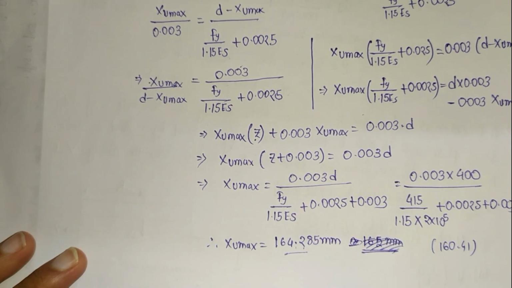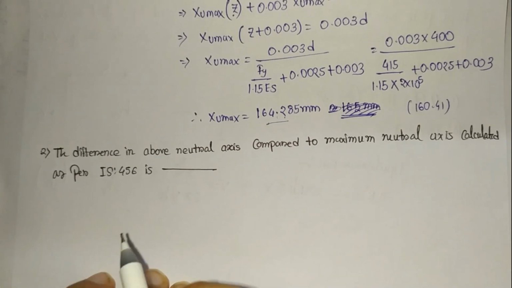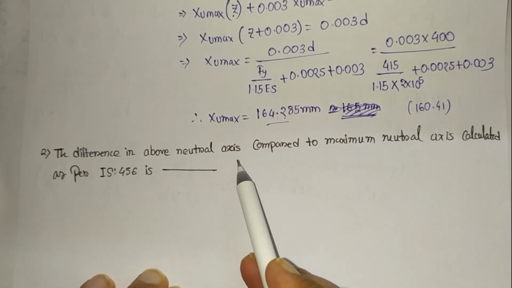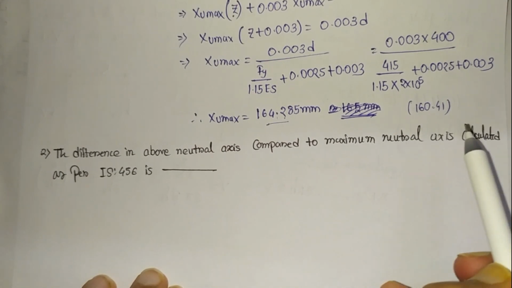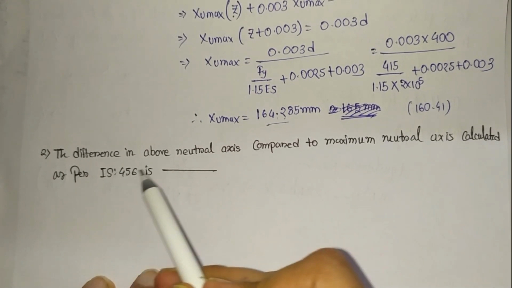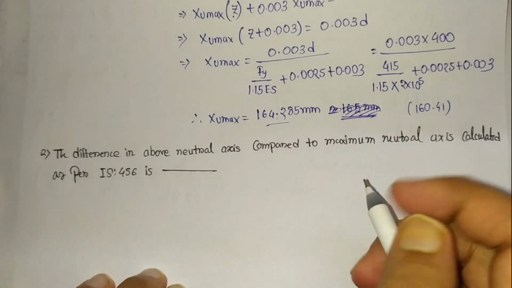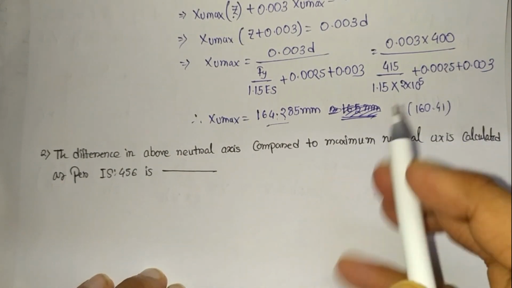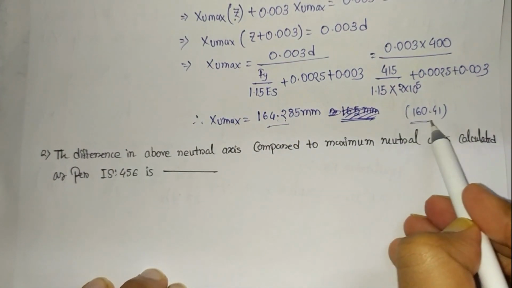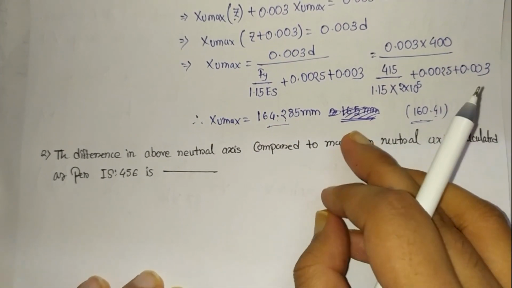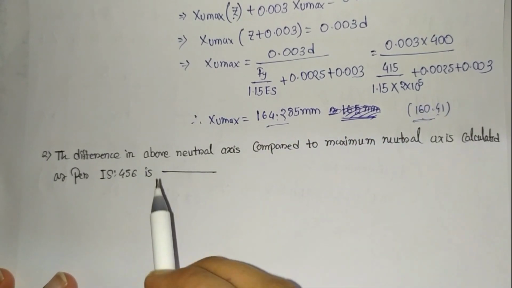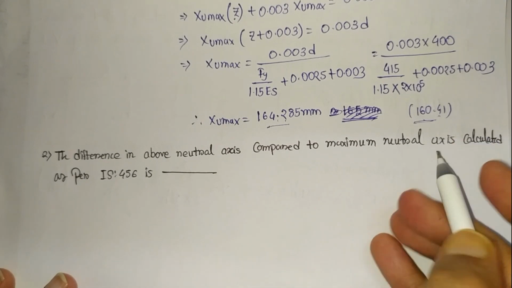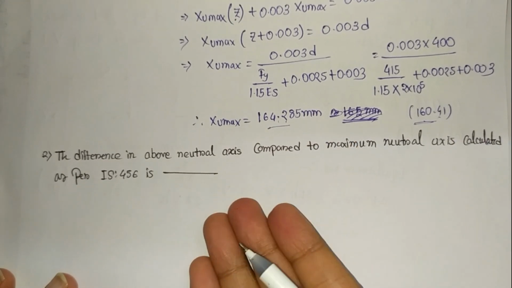Now move on to the next question. It asks for the difference in the above neutral axis compared to the maximum neutral axis calculated as per IS 456. We have found xu max equals 160.41, considering this answer because it is in the options.